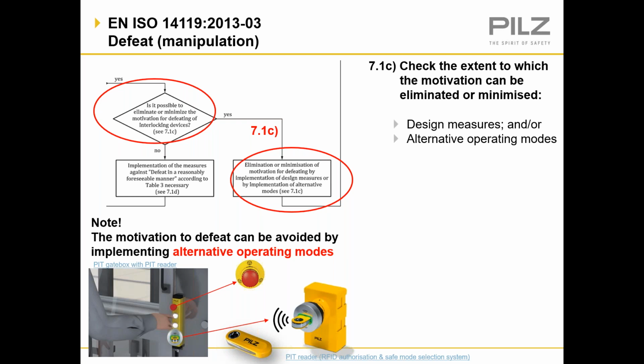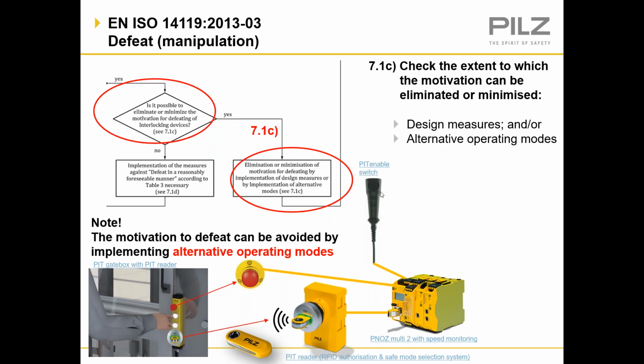So if you want to have different operational modes for different personnel, such as a cleaner as opposed to the machine operator, then we can use this device with an RFID coded key, and that would give different personnel different authorization to access machines in different ways.